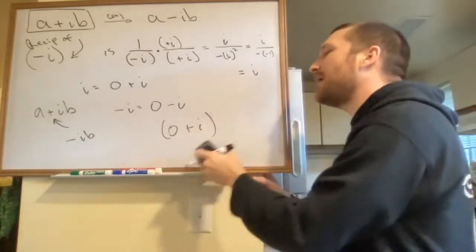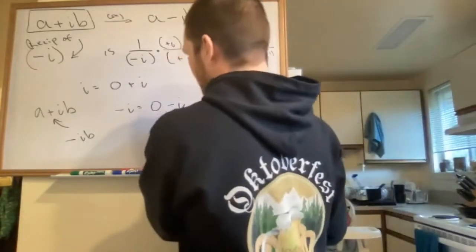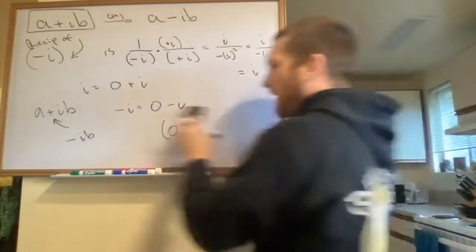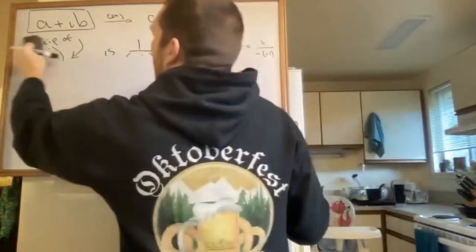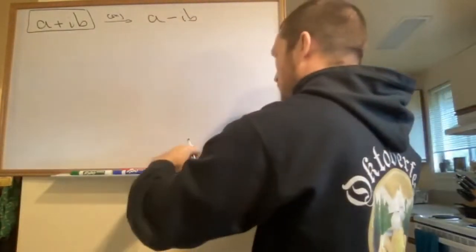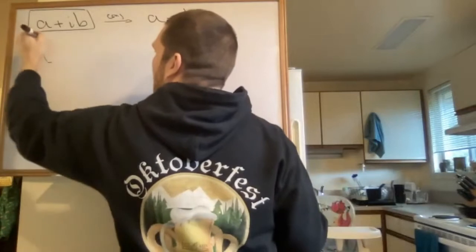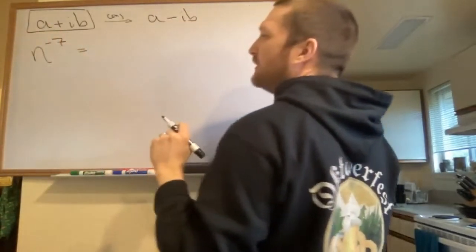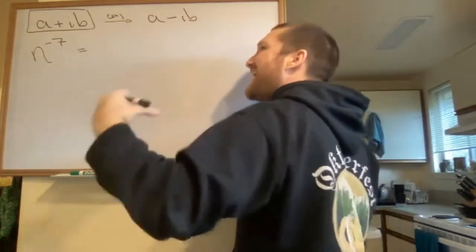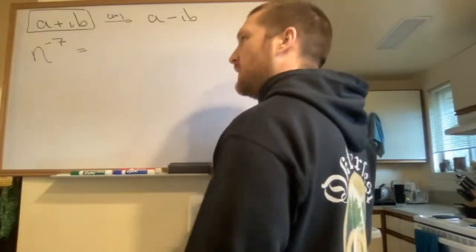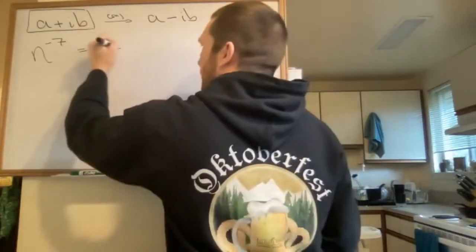But what about this bad boy right here? Can I erase this stuff? Yeah. Okay. Before we do this, if I did this, n to the negative 7 equals what? How would I rewrite that without a negative exponent? 1 over n to the 7th.